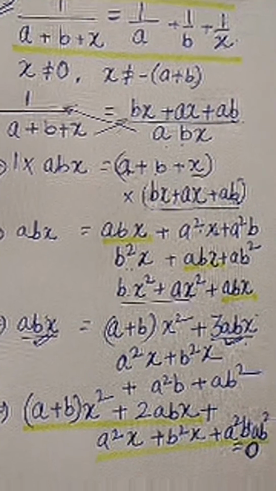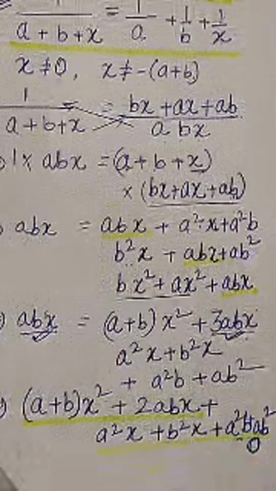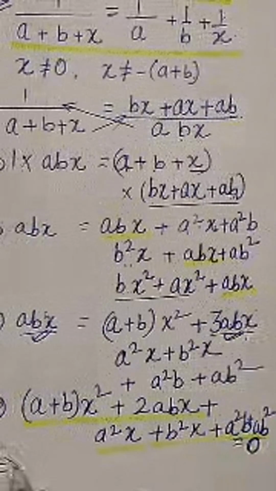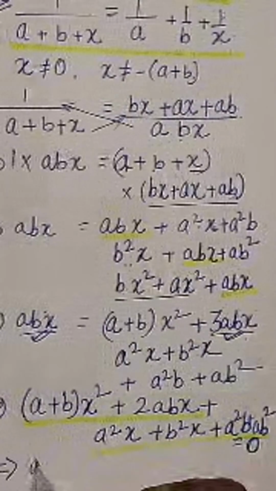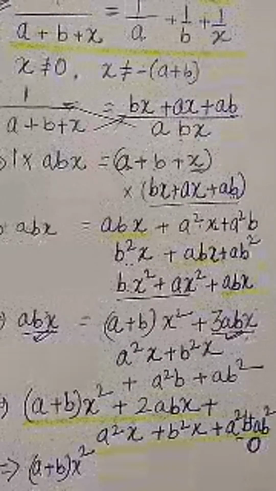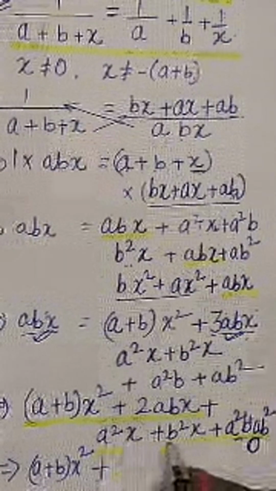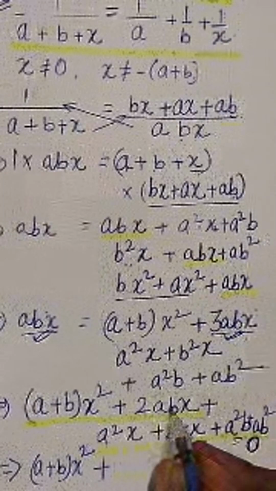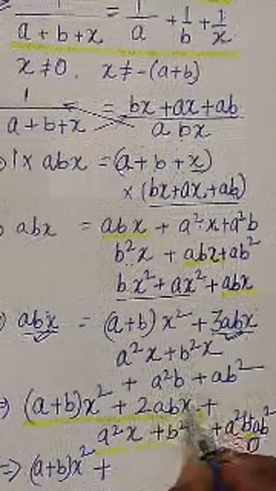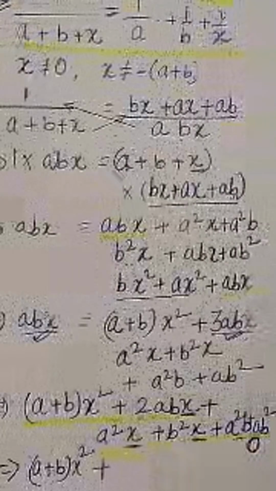Now from this step, we will write again and see if something is common. It will be a plus b times x square plus a square x, b square x plus 2abx, and all have x.